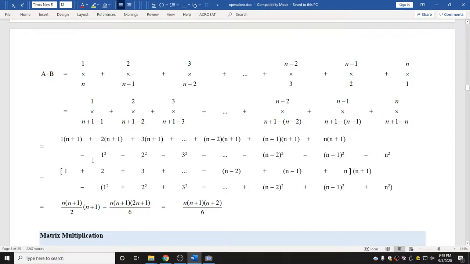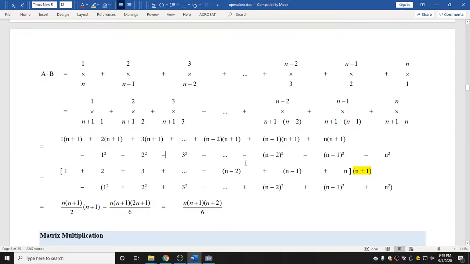So what you end up finding is that in this top calculation, you can factor out the common factor n plus 1. So you get (n plus 1) times (1 plus 2 plus 3 plus ... plus n). And then on the bottom here, you can factor out that big minus. So you get minus (1 squared plus 2 squared plus 3 squared plus ... plus n squared).